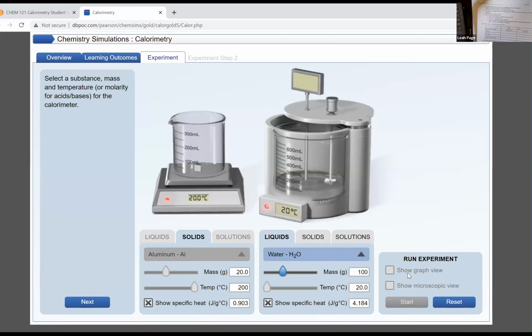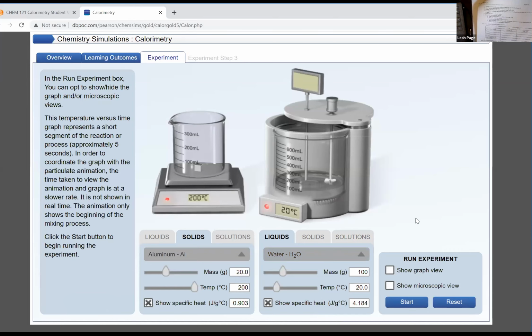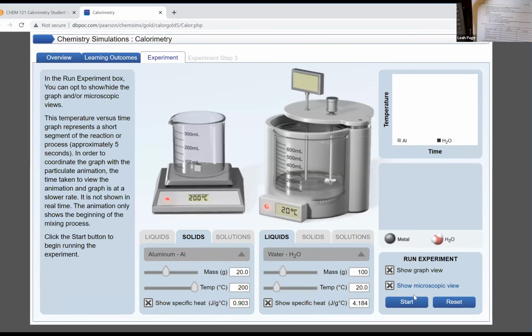So the thing says we're gonna click on start. Where'd I go? Let me hit next. I wanna show my graph view and show microscopic view. So basically I just wanna show what is happening.